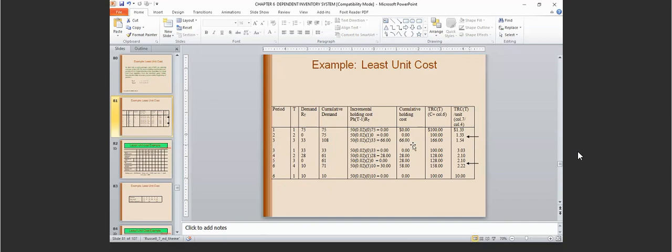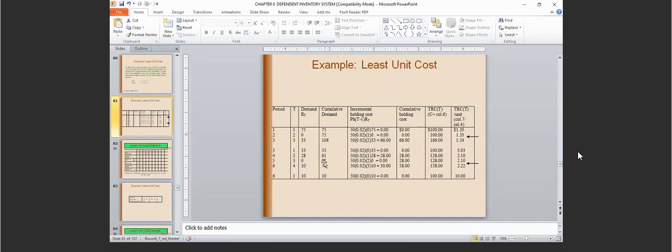So we decide to include the order quantity only for periods 3, 4, and 5. The order quantity for periods 3, 4, 5 will be 61, based on the cumulative demand in the row of period 5. So we put 61 units here.